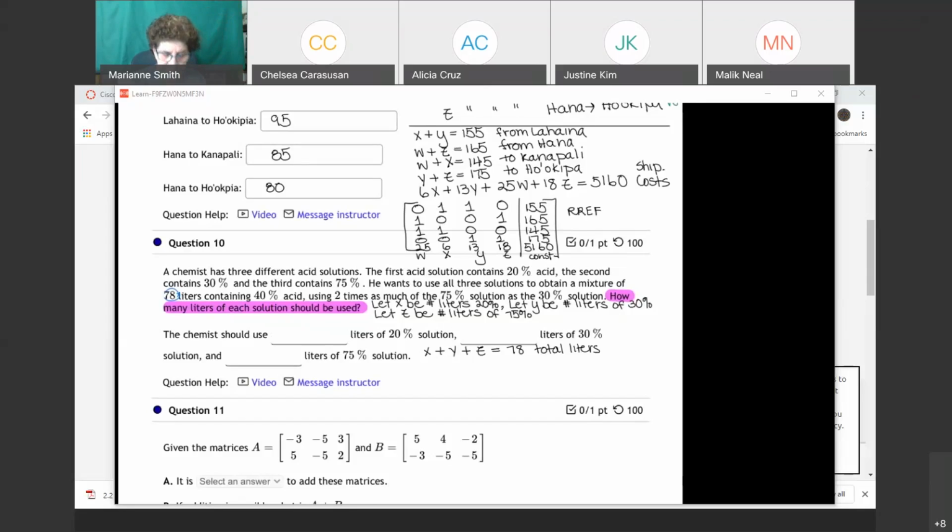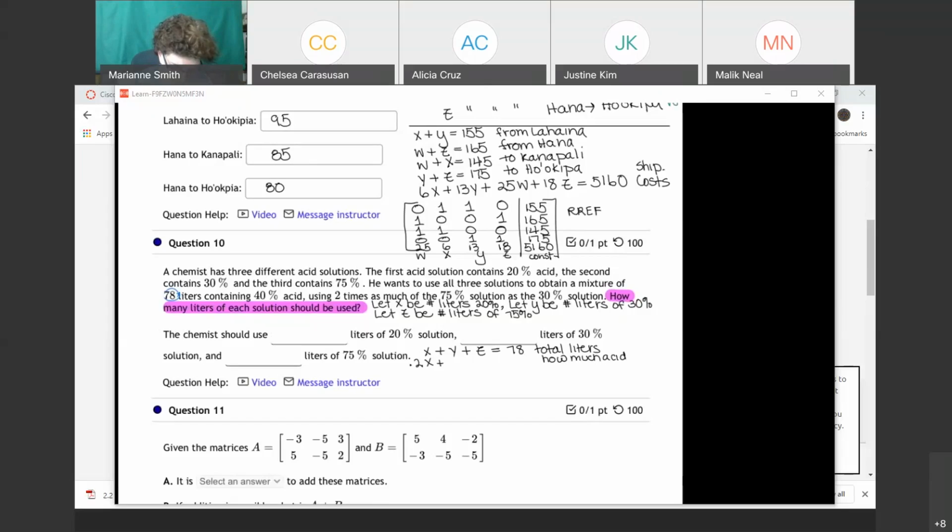And then what you've got is kind of a concentration. How much acid? So X is your 20% solution, so the amount of acid in that is 0.2X, right? It's a 20% solution and you've got X liters of it, so 20% of those liters are the acid.